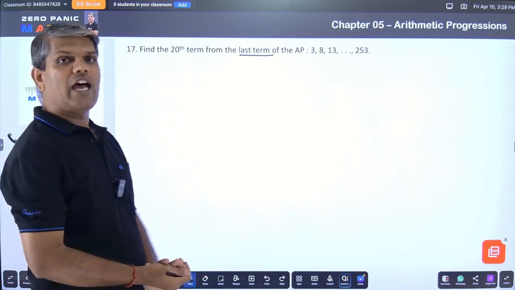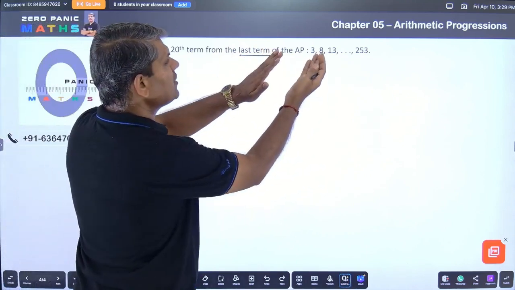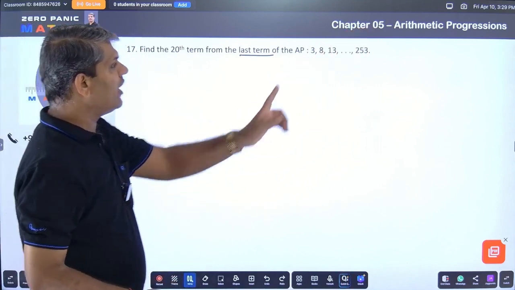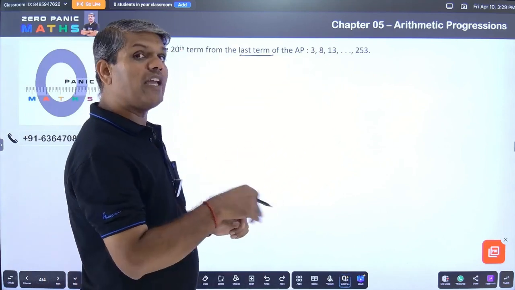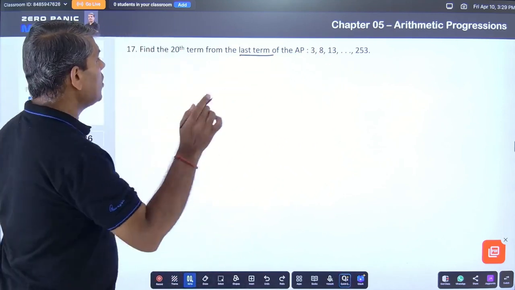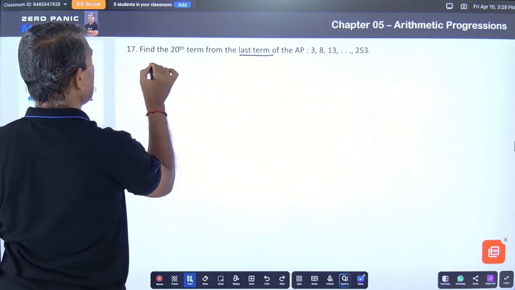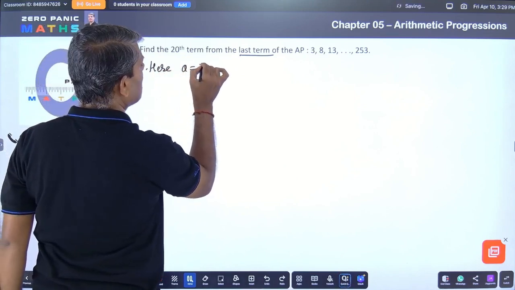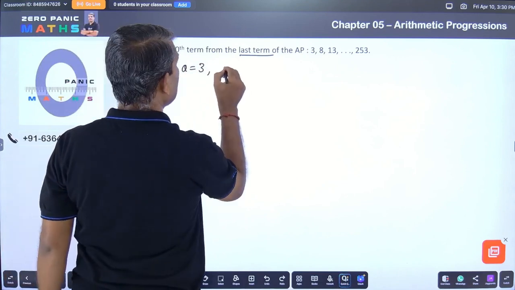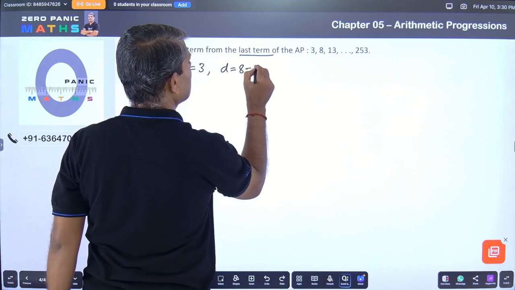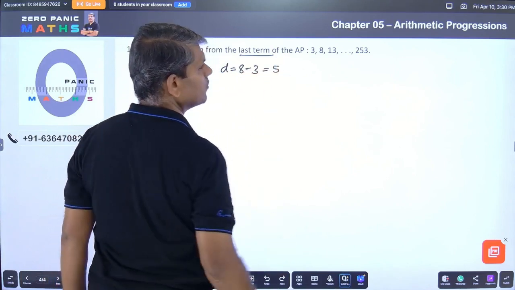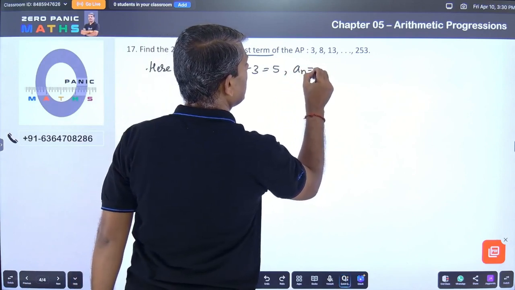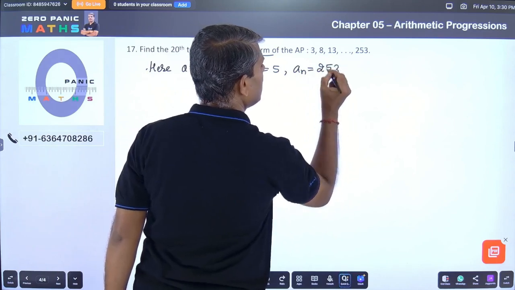So instead, we can just reverse the AP and find the 20th term, with the given D becoming minus of this D. Listen carefully. Here A is equal to 3, and D is 8 minus 3, that is plus 5, and an is equal to 253.